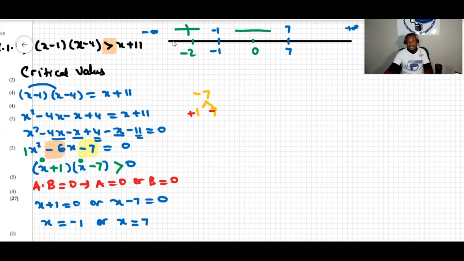Then I want to look at this other interval, from 7 to positive infinity. I want to pick any random number, like 8.